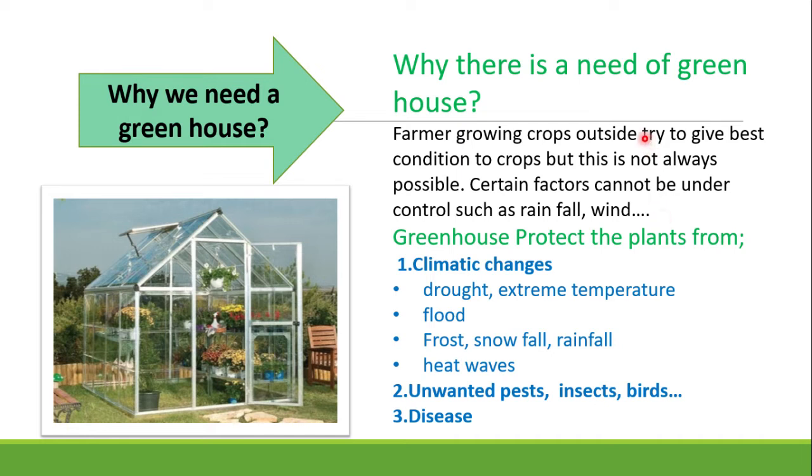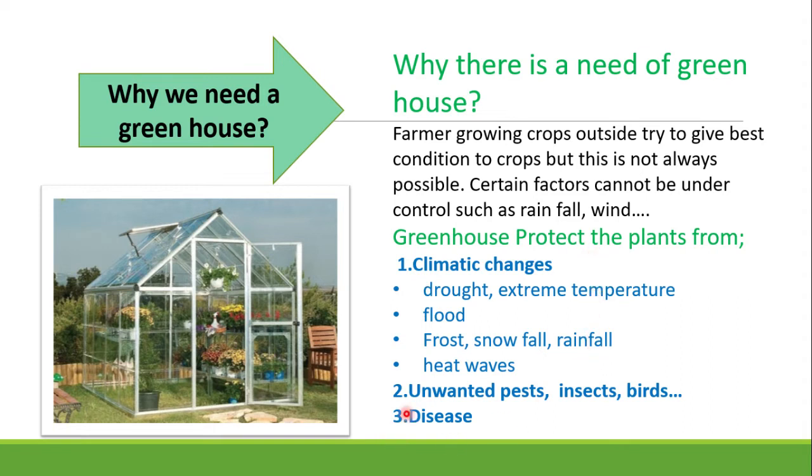So, the greenhouse protects the plant from climatic changes, such as drought when there is no rainfall for a long time period, extreme temperature like heat waves or cold waves, flood, frost, snowfall, rainfall. These all disturb the growth of the plant. So the greenhouse protects the plant from all these.